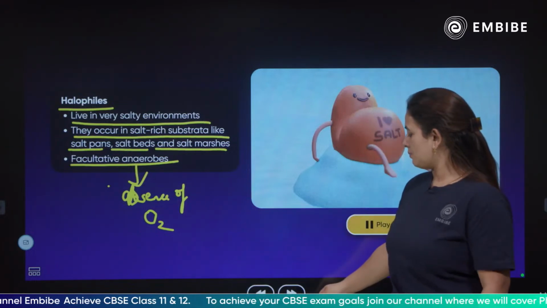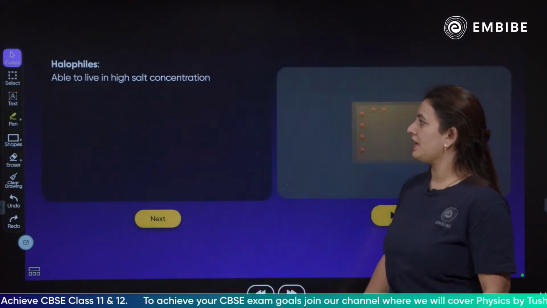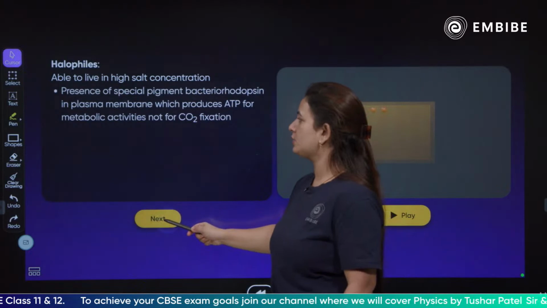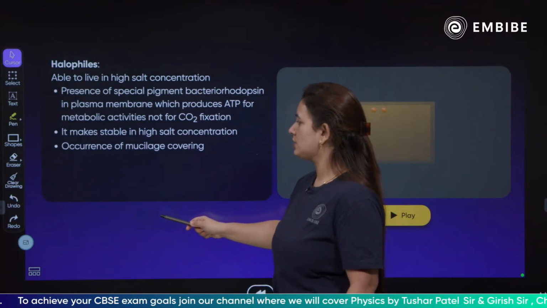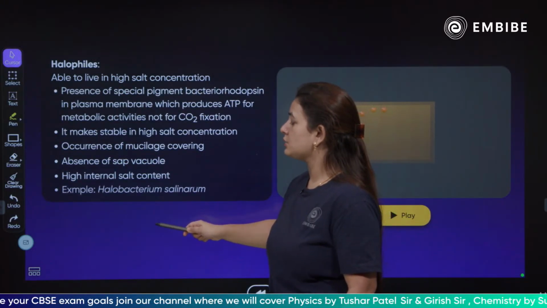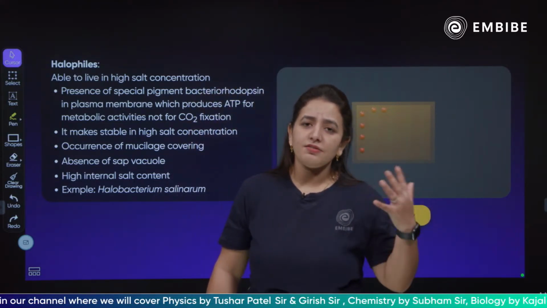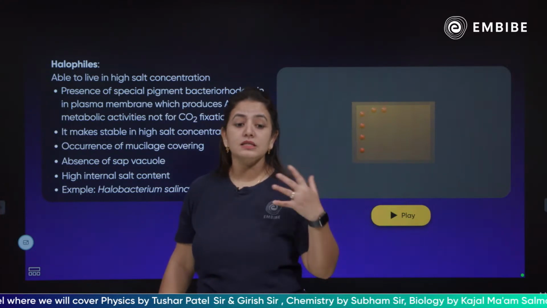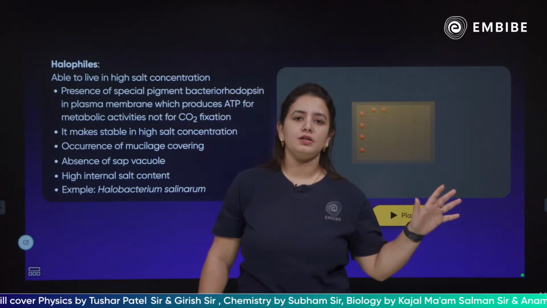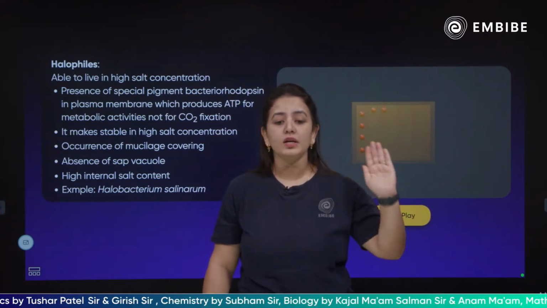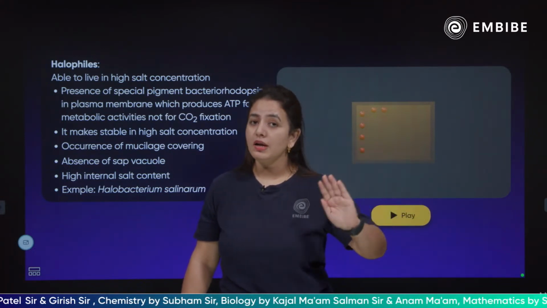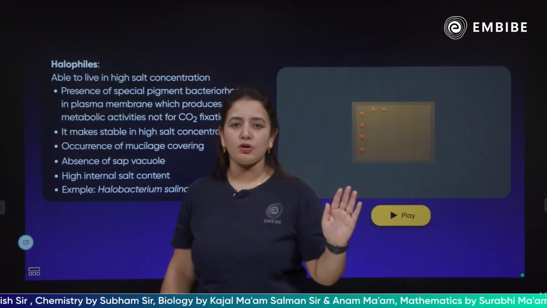Talking more about the halophiles, children, how are they able to live in such extreme conditions? Can you imagine an organism living in extreme saline condition? In general words, it is a hypertonic condition, and nothing can survive in a hypertonic condition.